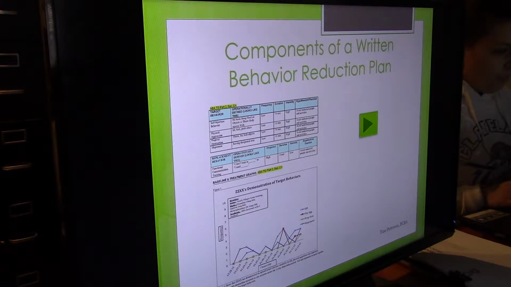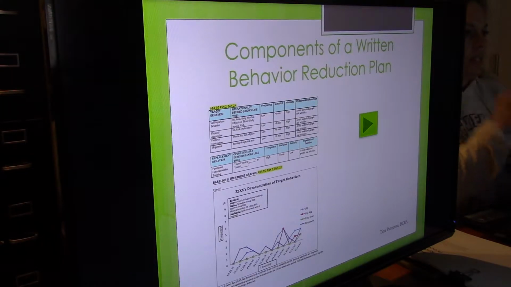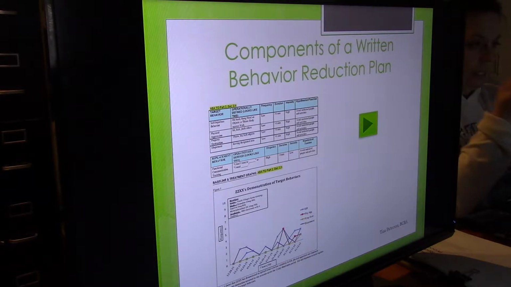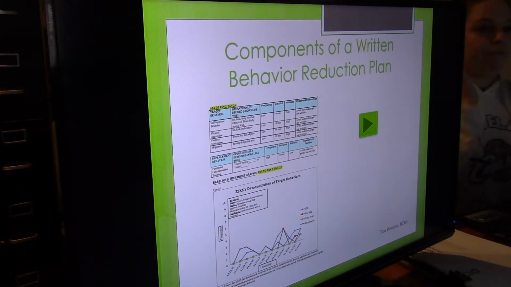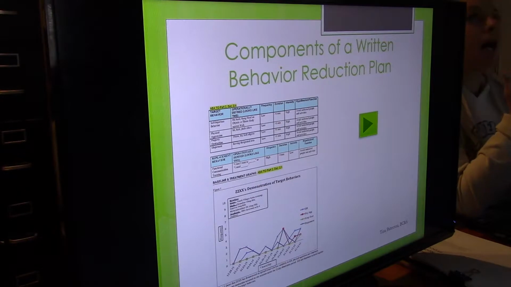But the components are your antecedent, what's usually the trigger for the behavior, and the behavior itself, what you're looking for. Define it specifically: what type of aggression is it? What does hitting look like? We need examples and non-examples. Hitting is not just any contact, it's force, with intent to injure somebody else, or when they are frustrated.